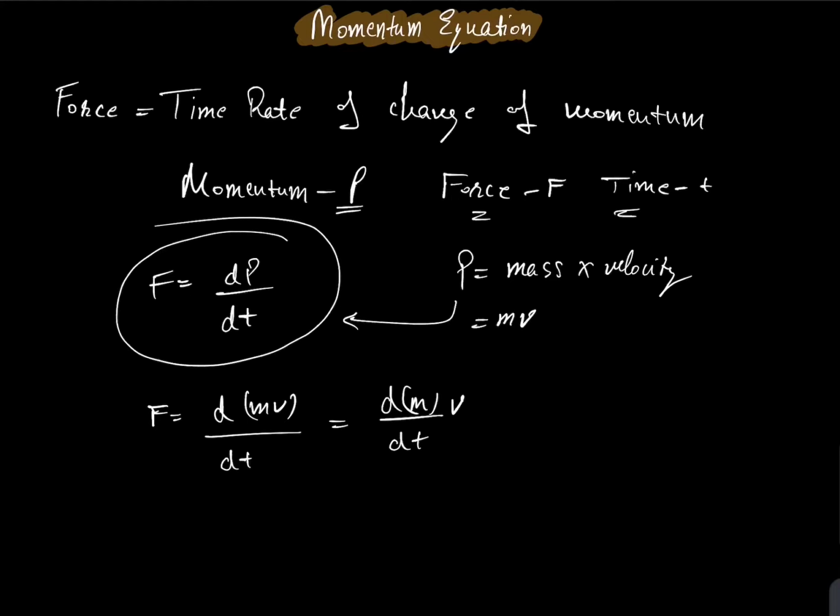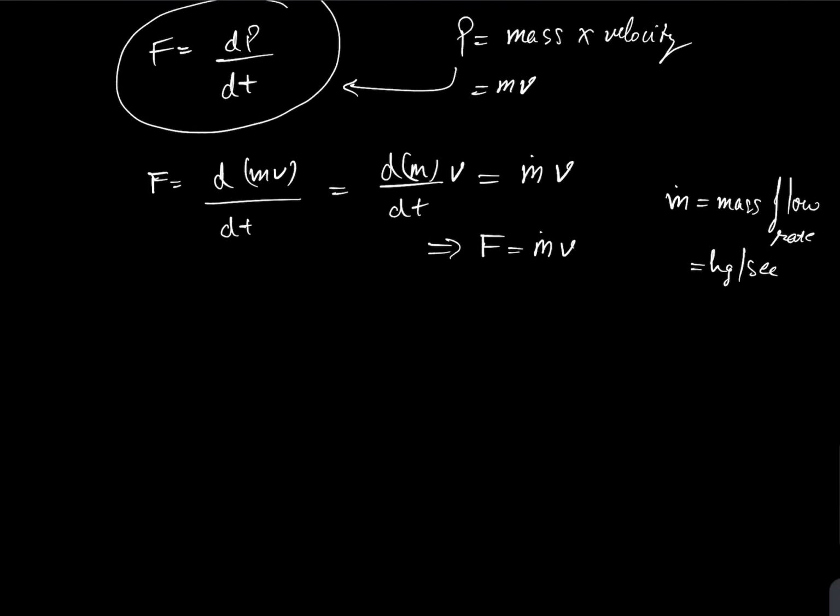What is dm by dt? It is the mass flow rate, so I can write this as m dot v. So F is equal to m dot v, where m dot is the mass flow rate, which is in kg per second.